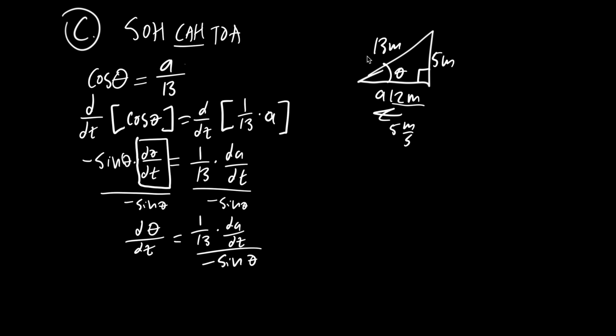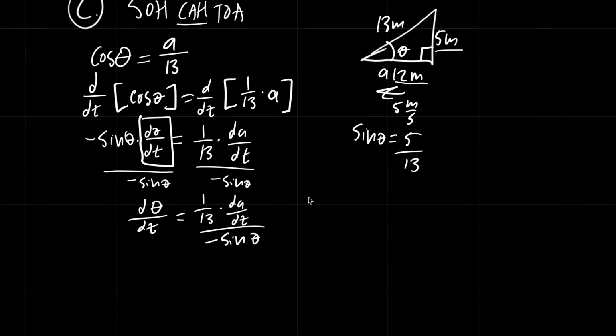But we can easily figure out what sine theta is using our trig ratios again. So sine theta is opposite over hypotenuse. So sine theta is equal to 5 over 13.